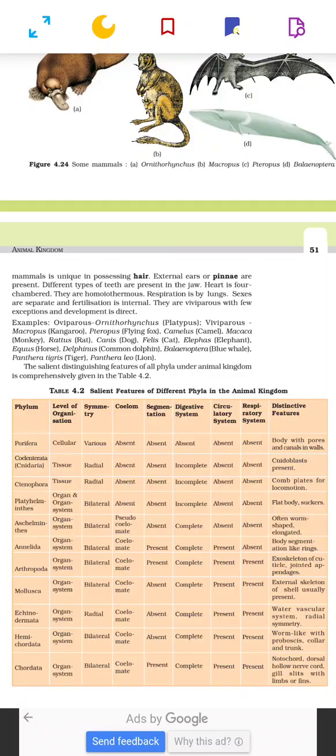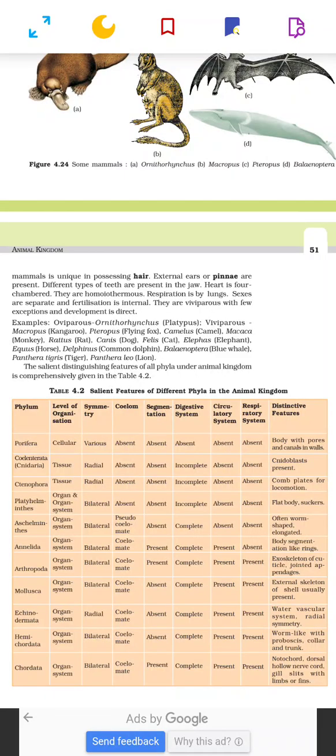Annelida: organ system level of organization from annelida till chordata, that is annelida, arthropoda, mollusca, echinodermata, hemichordata. Organ system level of organization is present and bilateral symmetry is present. All are coelomate, and in annelids segmentation is present, in arthropoda segmentation is present, but in mollusca, echinodermata, hemichordata segmentation is absent.